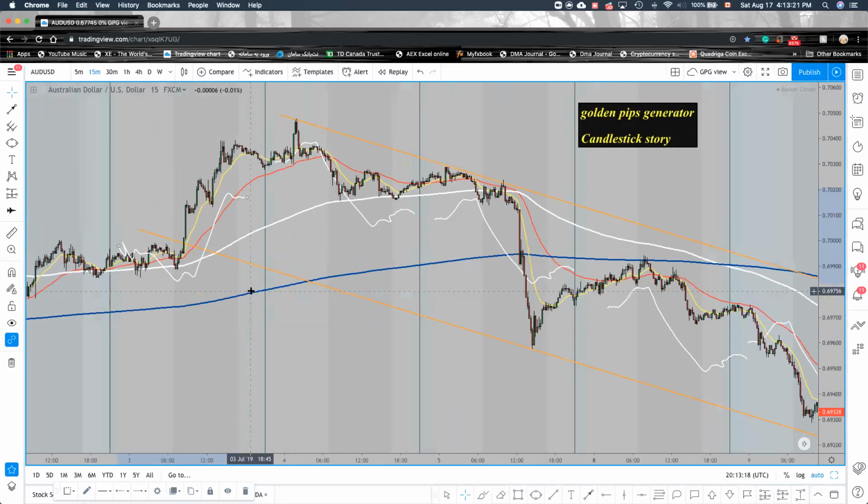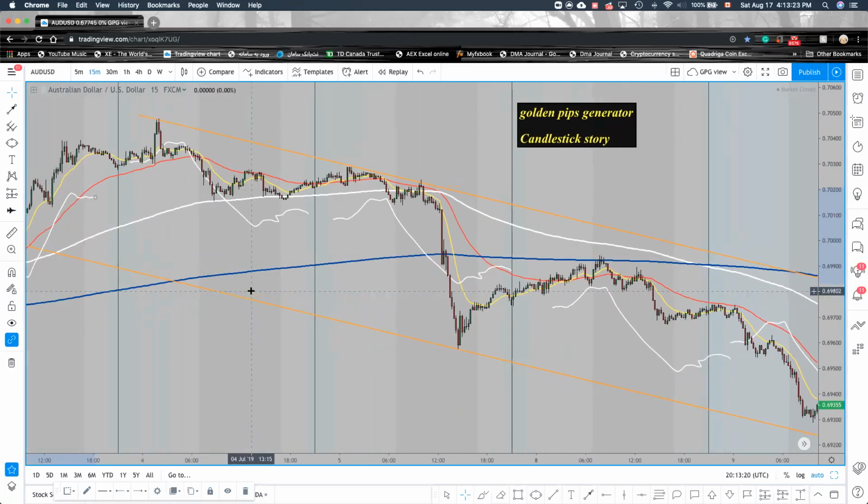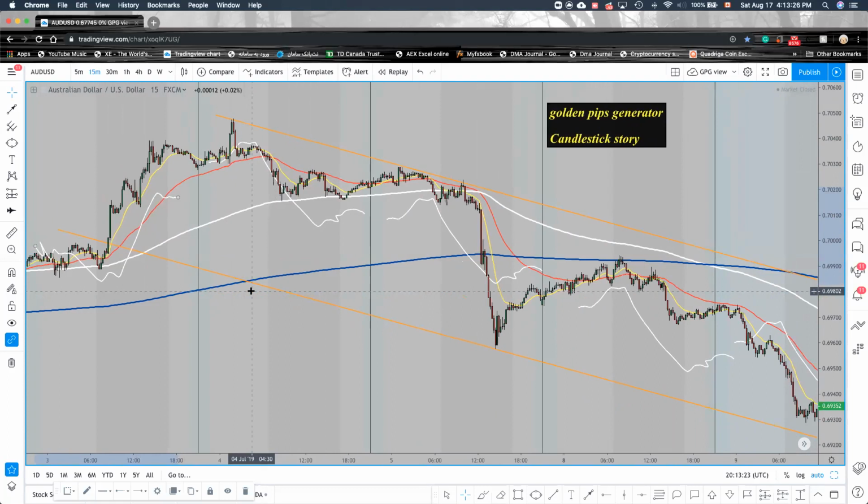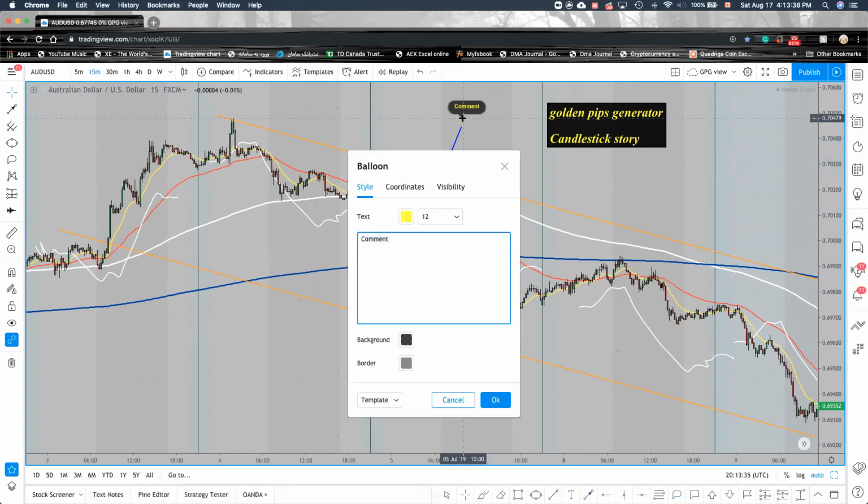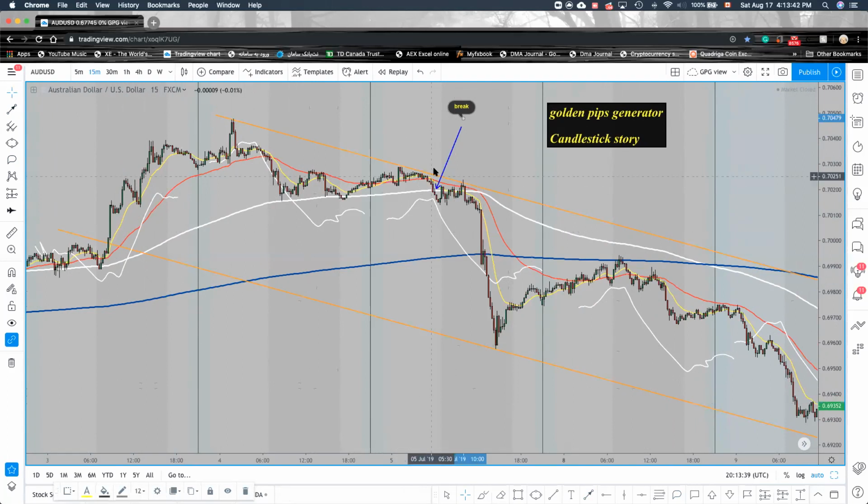moving averages. How can I use these moving averages? So you know about when market breaks a moving average like this, and also you know when market respects it, this is a respect.